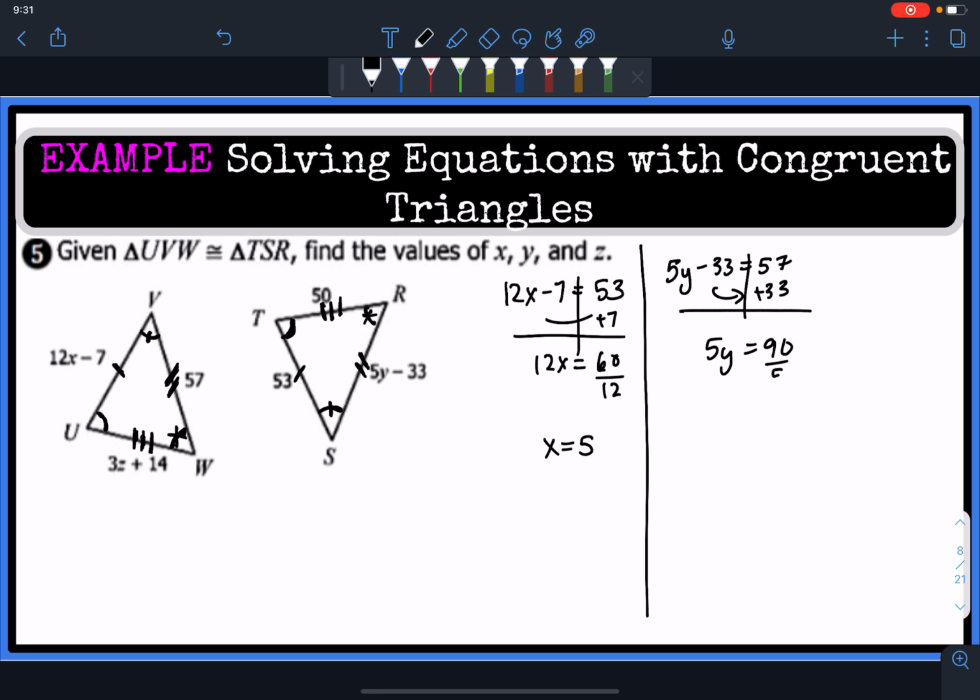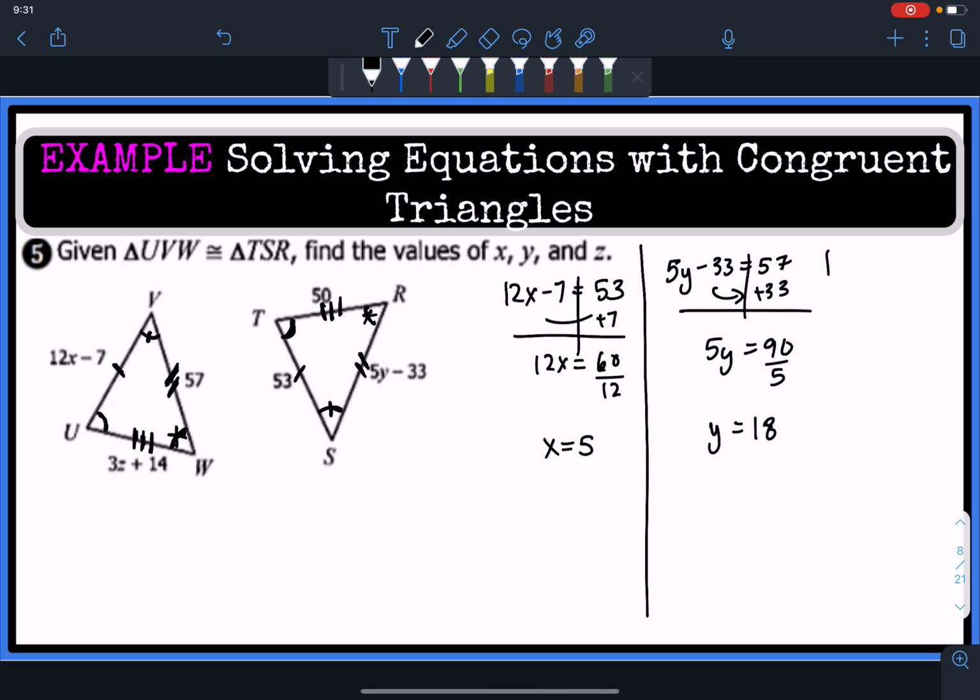I'm going to divide by 5, and y is equal to 18.